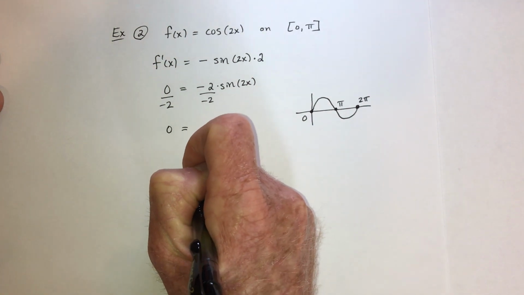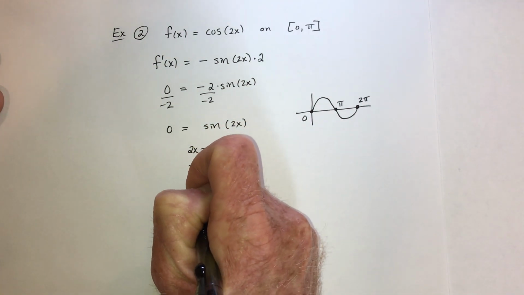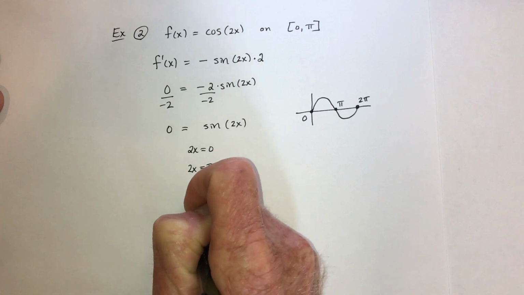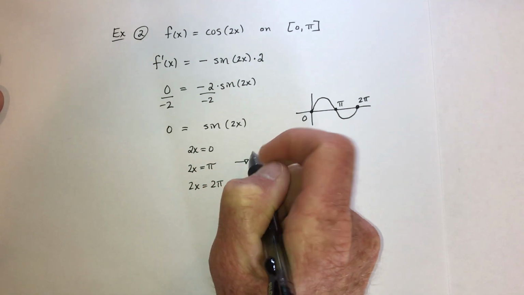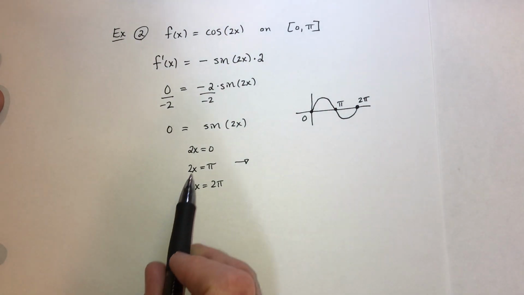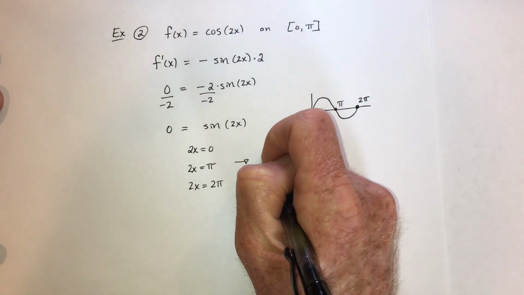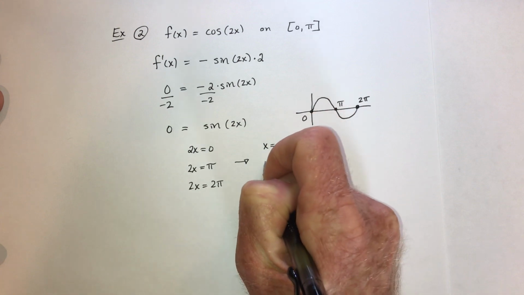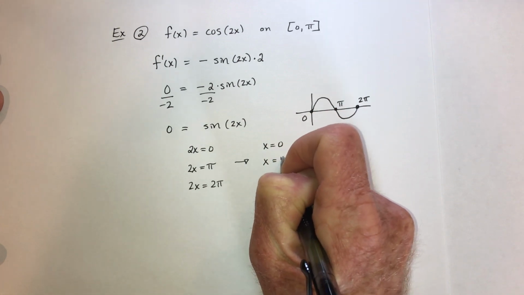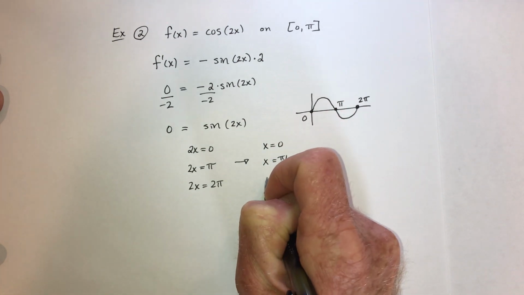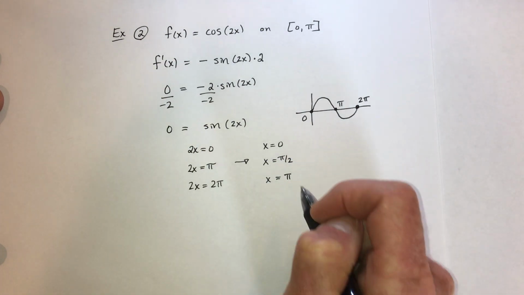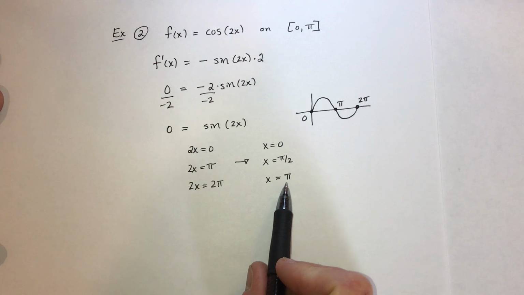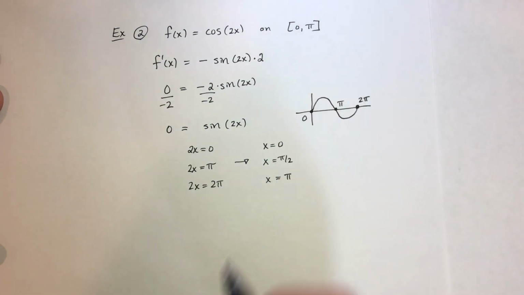So you'd have 2x equals 0, 2x equals pi, 2x equals 2 pi. And then for all of these, divide by 2 to solve for x. So the first one is going to be 0. The next one will be pi over 2. And the next one, the 2's will cancel, and that'll just be pi. Which turns out to be perfect because the interval said go from 0 to pi.